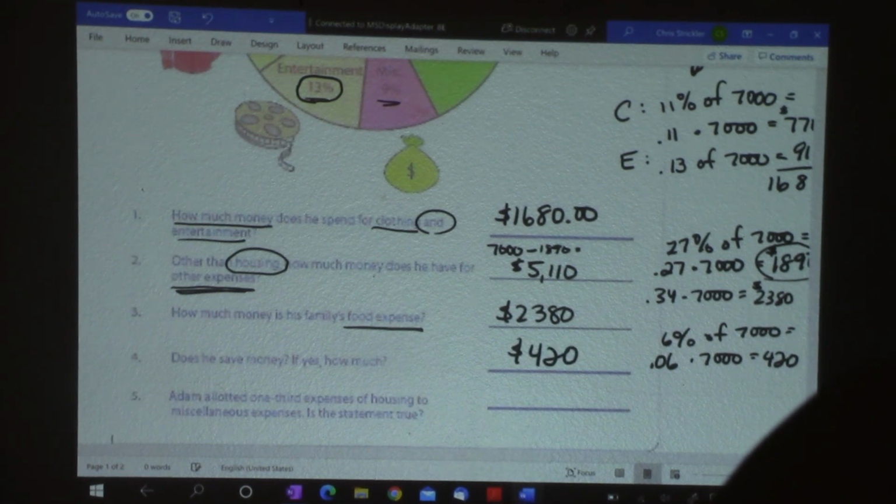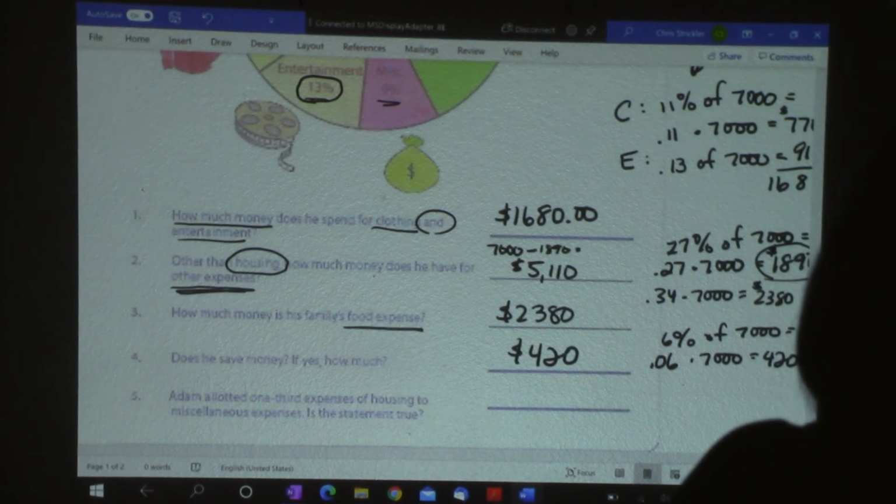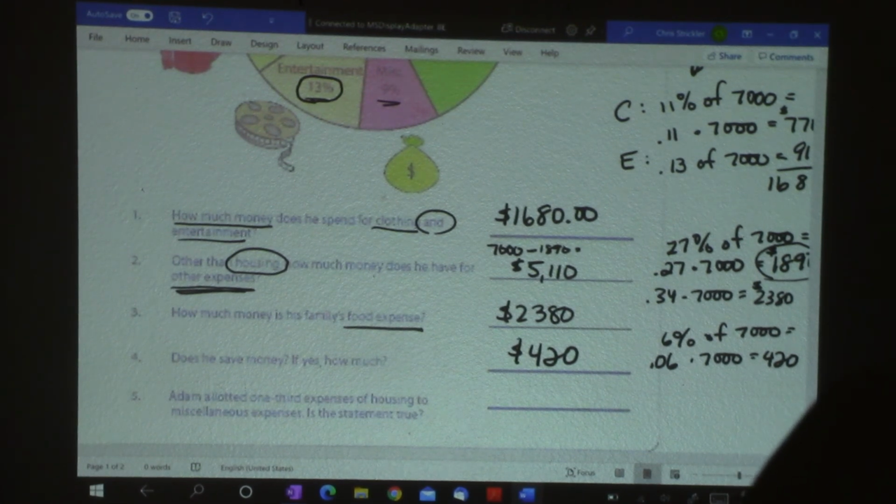Remember, for 6%, I moved the decimal over 2 places, not just 1. And that's how I have 0.06.